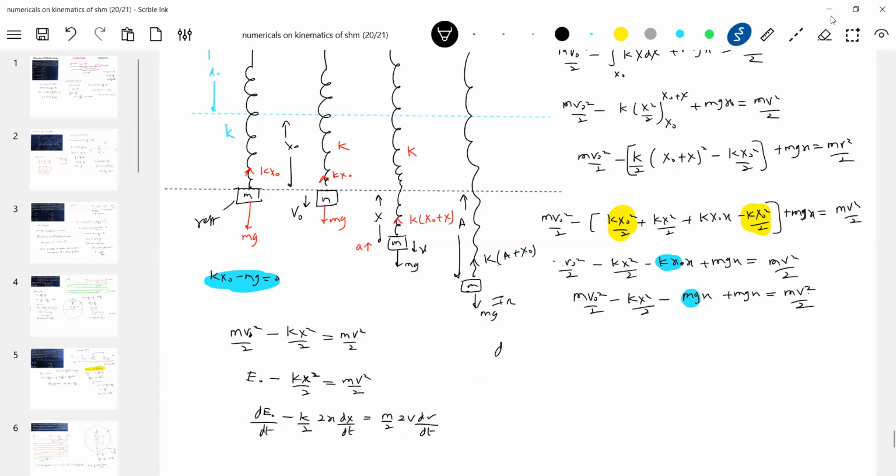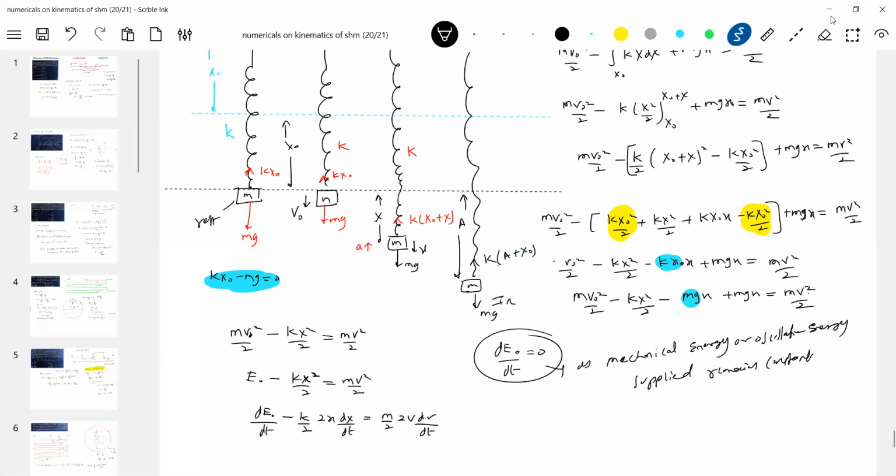So dE naught by dt should be 0, as the mechanical energy, or oscillation energy, supplied remains constant.